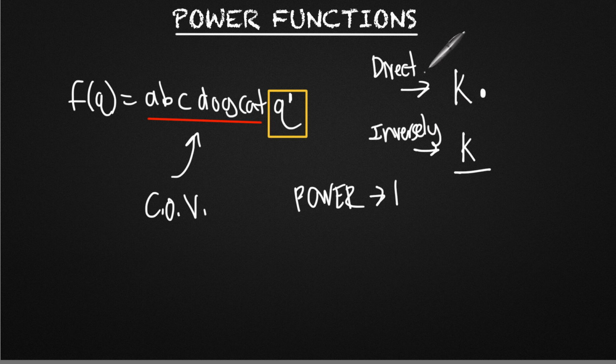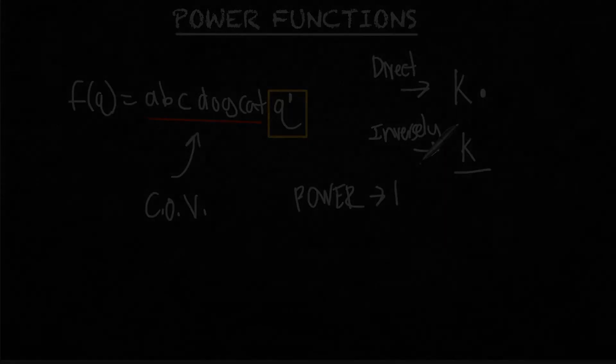Now, the only time that you will ever see inversely proportional is if it says it in the problem. If it does not use this word, you will assume it is direct variation all the time. The only time you'll assume it's inverse is if it says it's inverse. All right, let's see how this works on a couple problems.